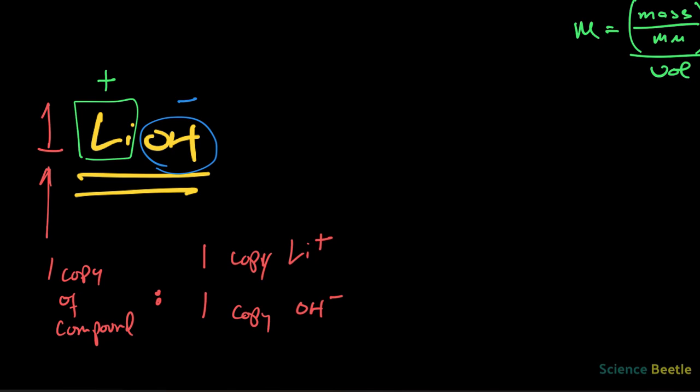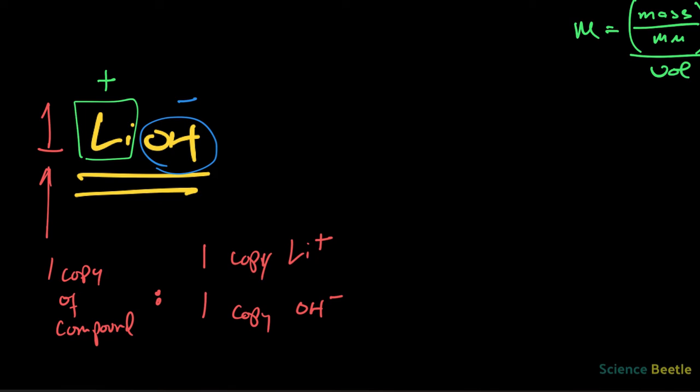Knowing how this works is really important, especially when we're figuring out calculations with charges and the concentration of ions. In this particular case, if we're after the concentration of the hydroxide, all we need to do is find the concentration of the lithium hydroxide, which we know is 3 molar.